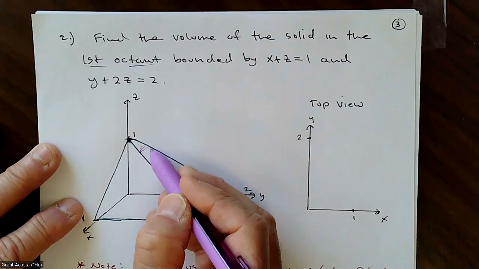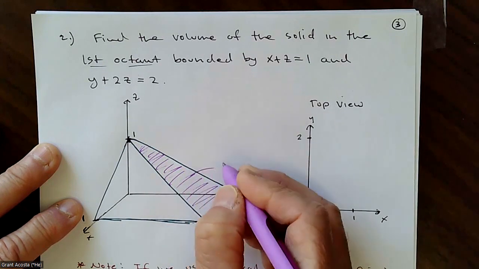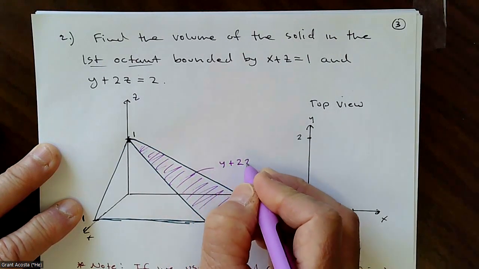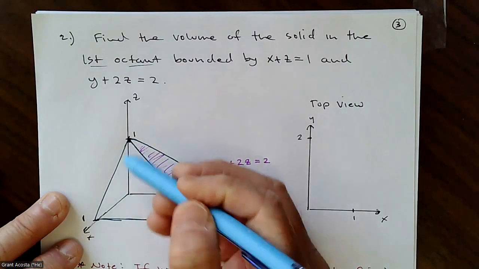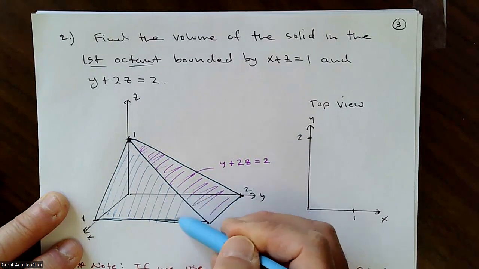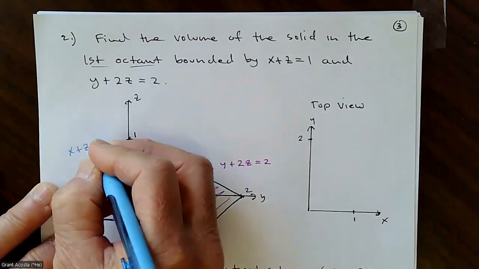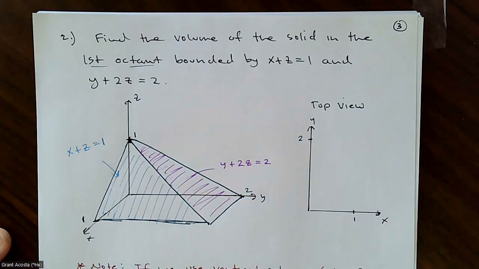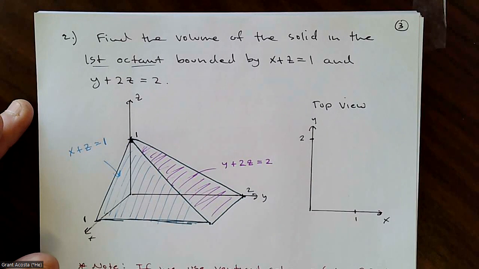This plane right here, moving that way, that is y plus 2z is equal to 2. And this plane, just tilting upward, that's x plus z equals 1. It sort of looks like a tent.